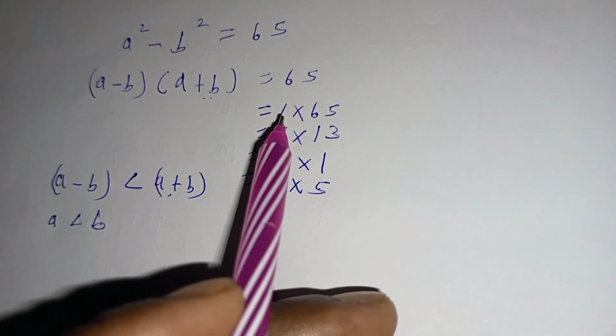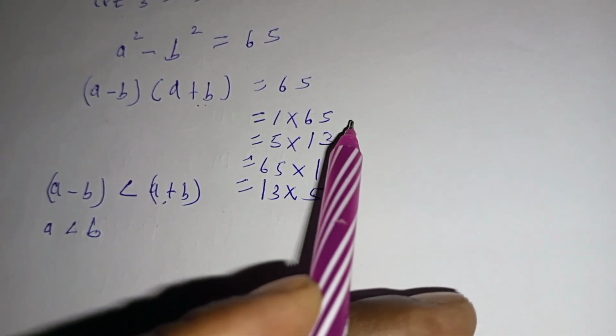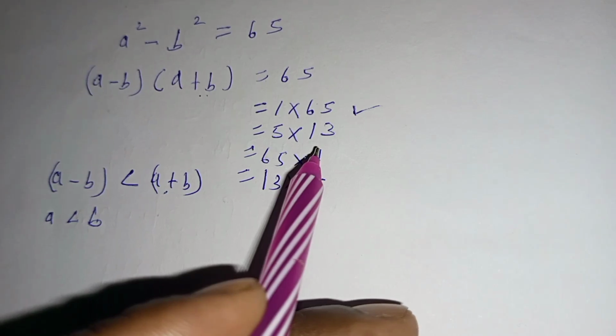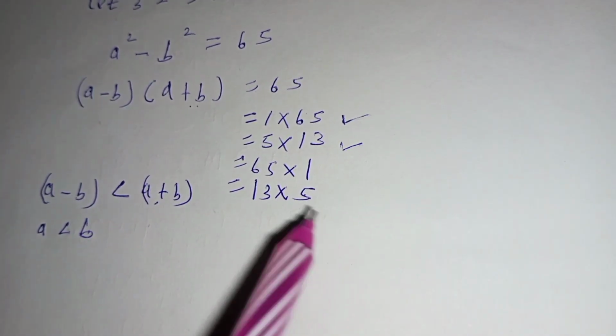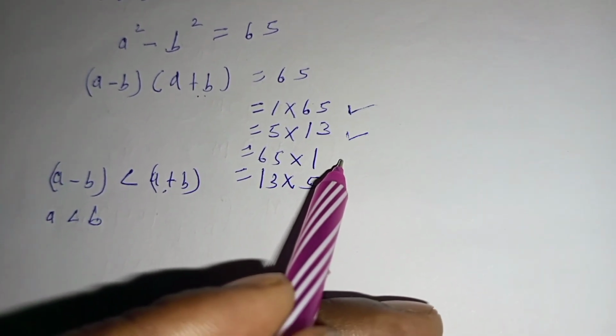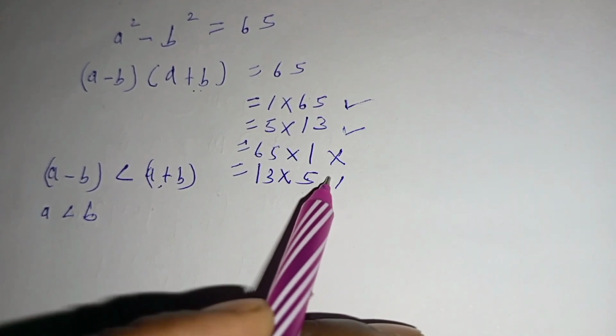In the first instance here, 1 is less than 65, so we shall pick that. 5 is less than 13, so you also pick that. 65 is greater than 1, reject this possibility. 13 is greater than 5, reject that too.